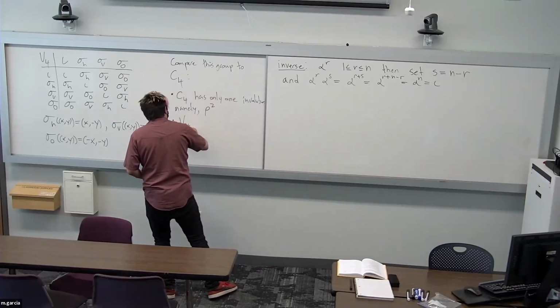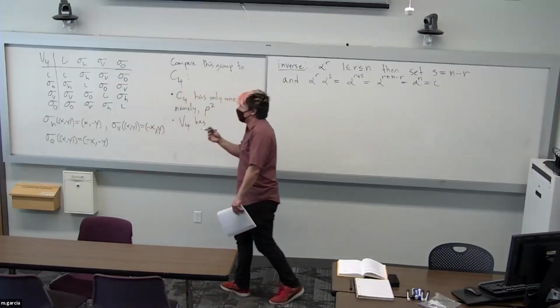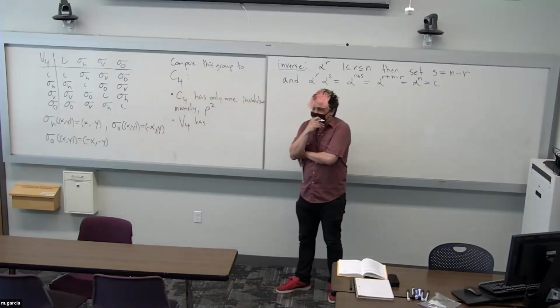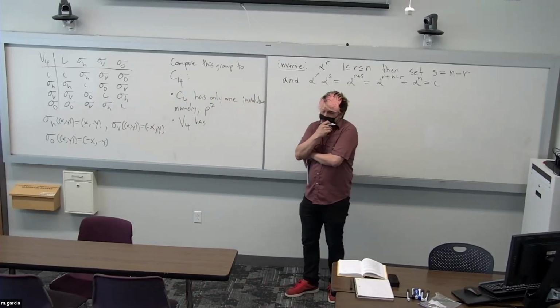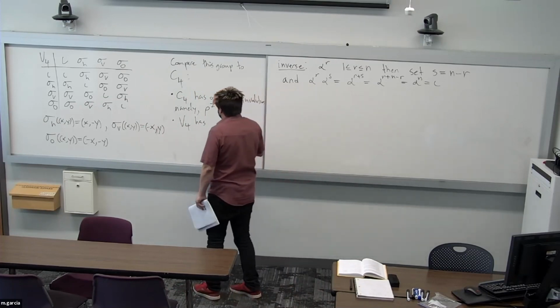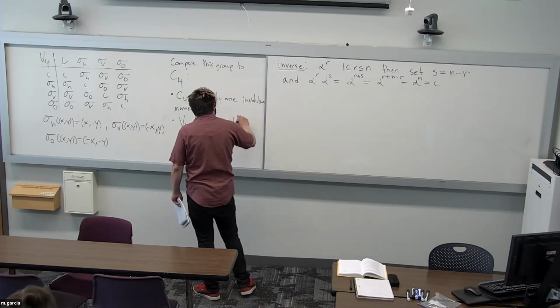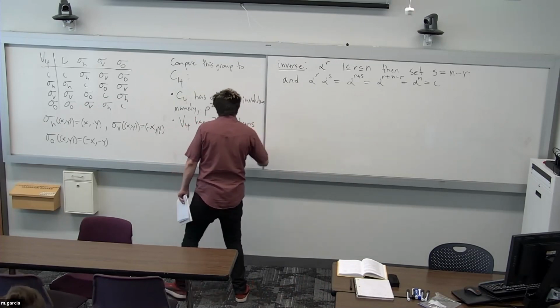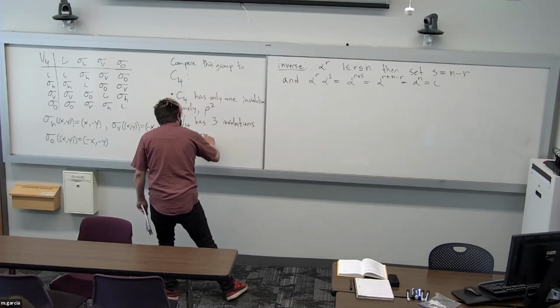However, V4 has how many involutions? 3, yeah. Everything but iota. Everything but iota is an involution in V4. It has 3 involutions, everything that isn't iota.